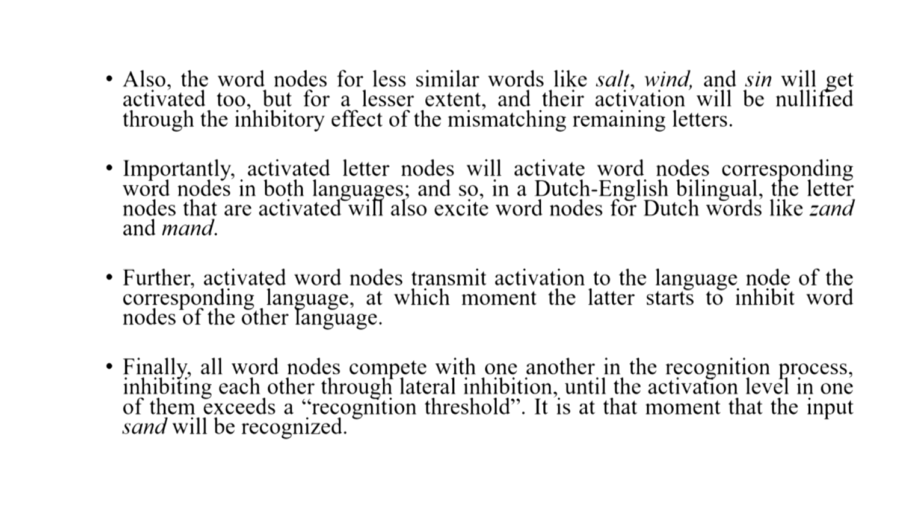So, once the language node is activated, it starts sending an inhibitory connection to the words from the other language. In some sense, if an English word is presented, its features, its letters and its words are activated, and then when it feeds activation to the English language node, that English language node will try and suppress all the word nodes from Dutch. Basically, this would try to create some sort of selectiveness for processing stimuli of the given language.